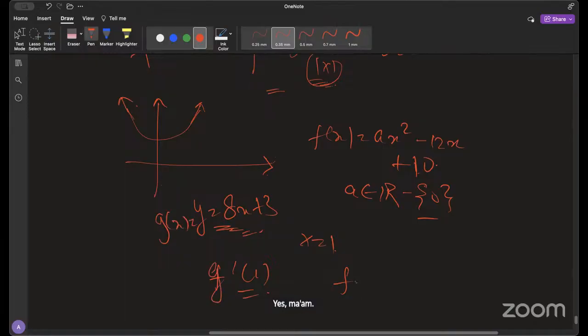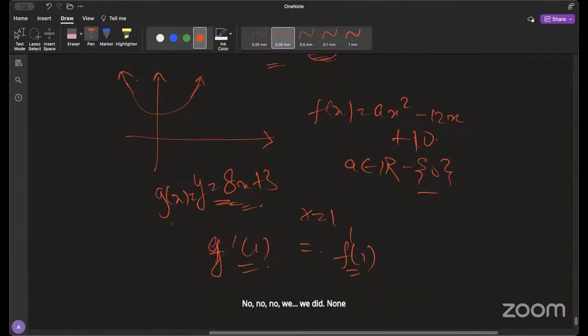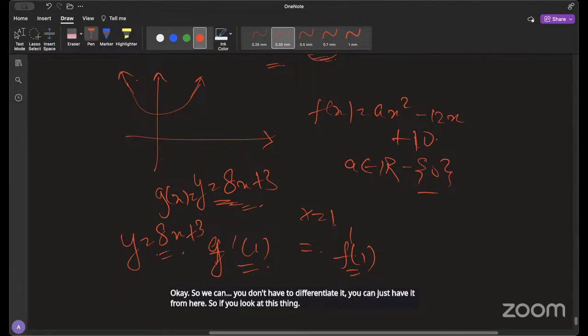Ma'am, we have to find the differentiation of f(x), but in week 4, we don't know how to differentiate. No, you don't have to differentiate it. You can just get it from here. If you look at this, the slope would be 8.